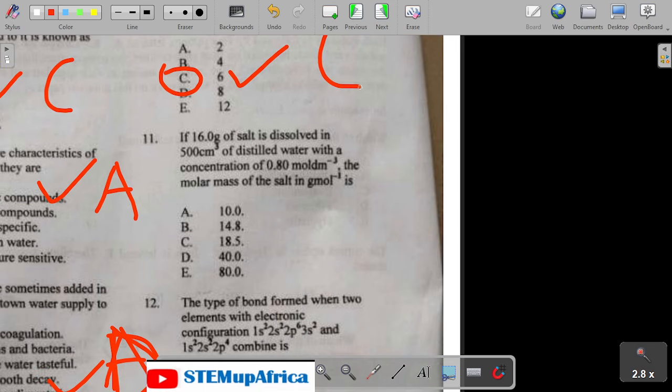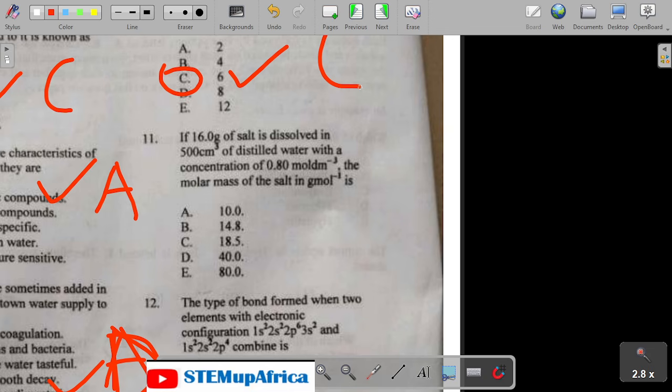Let's check number 11. It says if 16 grams of salt is dissolved in 500 cm³ of distilled water, calculate the concentration in grams per dm³. Grams per dm³ is the mass concentration. So let's try to get the molar mass of the salt.